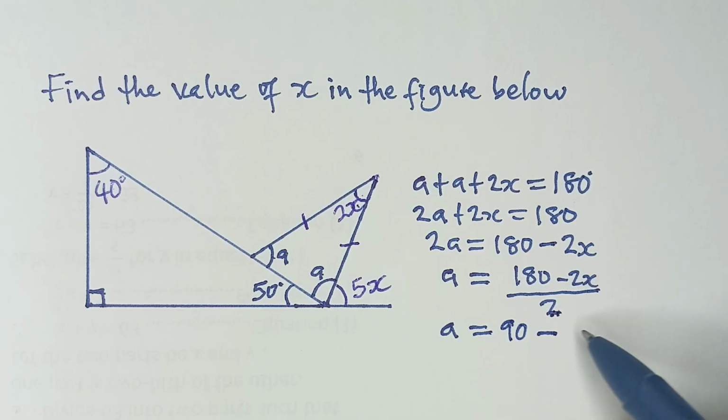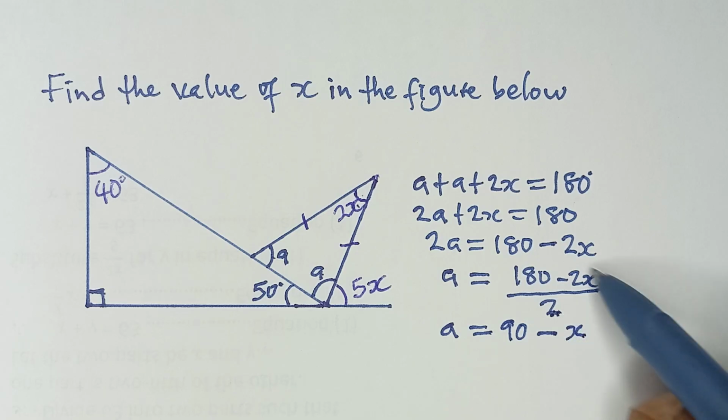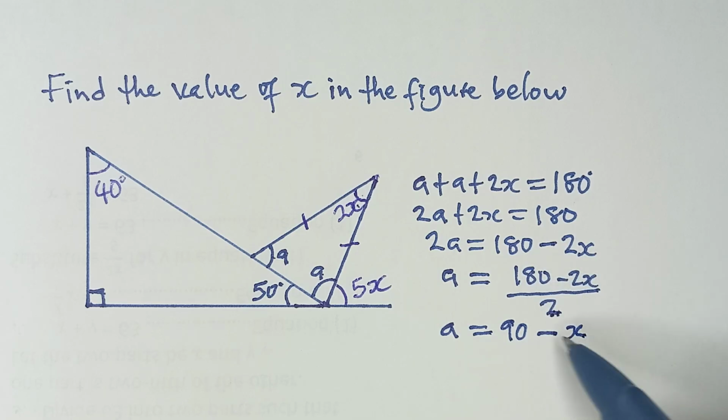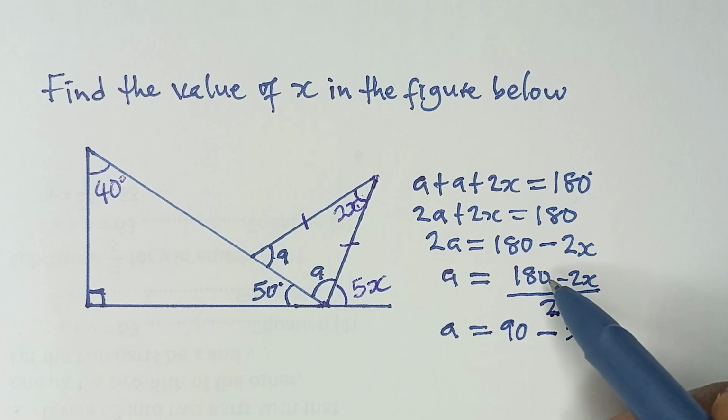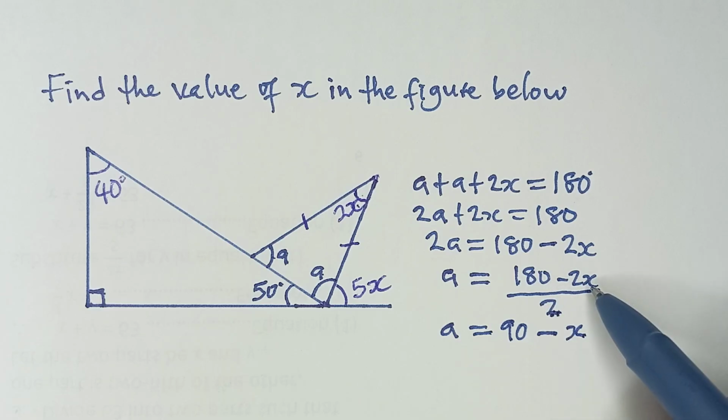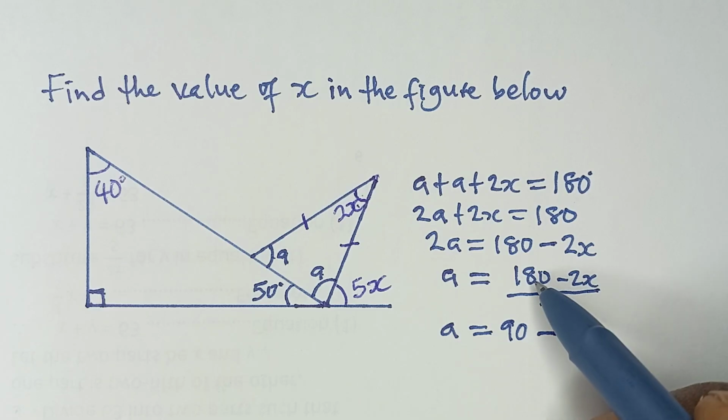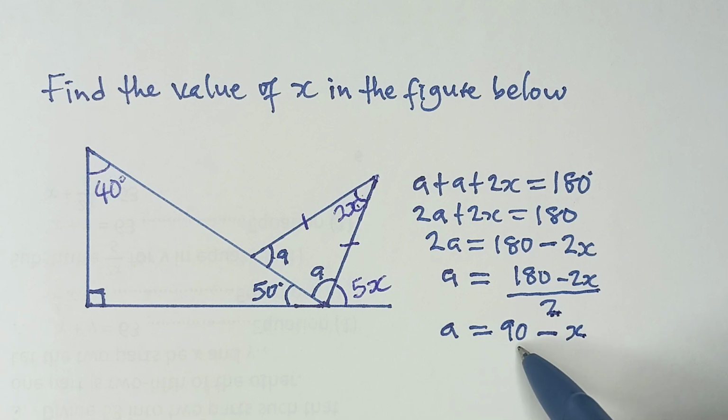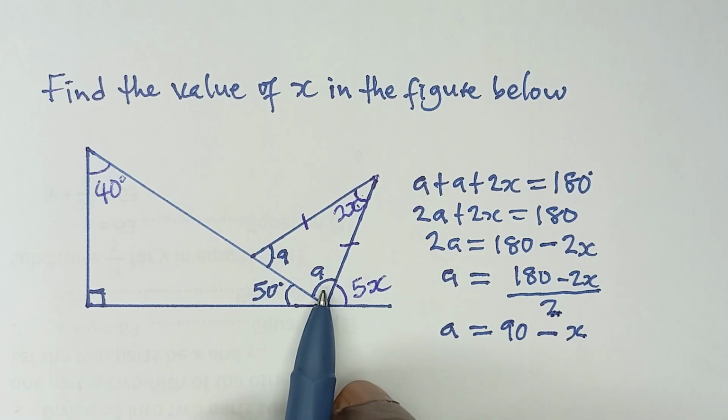The 2 will cancel 2 and I'll be left with x. So our angle A is equal to 90 minus x. That is the value of A here.